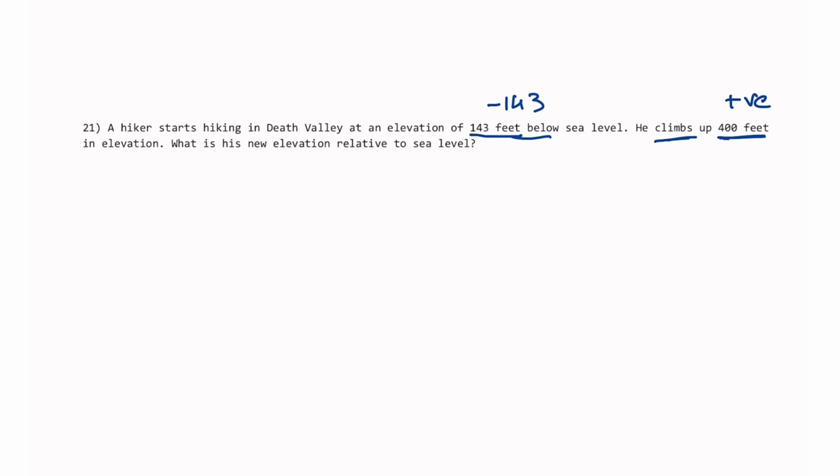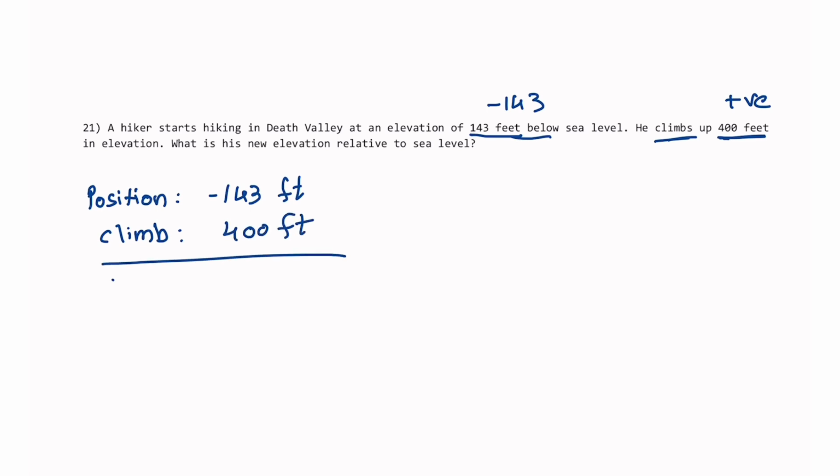So as we did before, we can say his current position, the first elevation that he is at, right? Which is minus 143 feet. And then he climbs. How much is he climbing? 400 feet. And you find his new position. What is his new position?